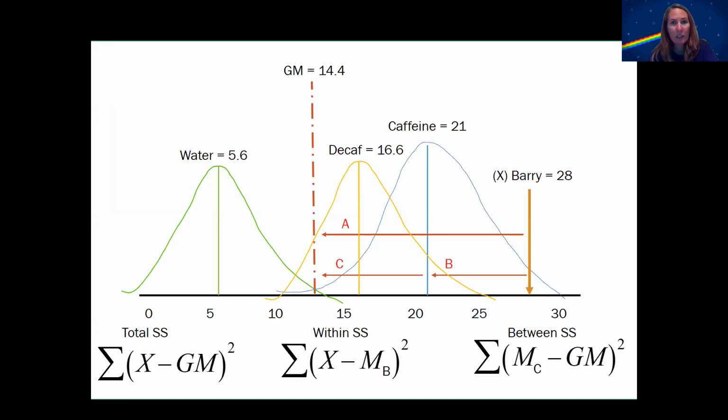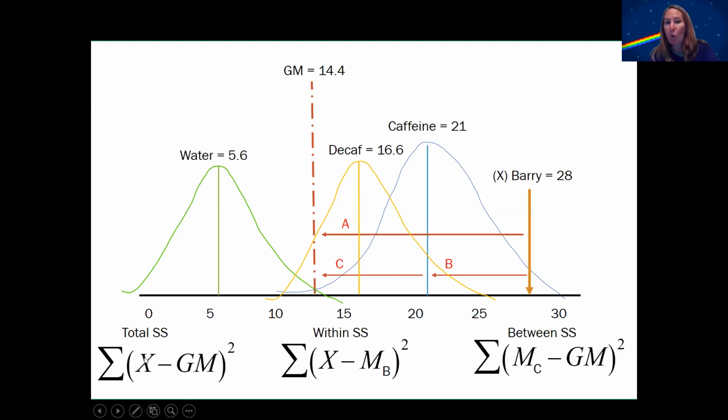Okay, so you don't have to memorize these calculations, but these are the sums of squares calculations. So we have Barry, and if we took his score, he becomes X here, okay? The total sums of squares represents our A here.